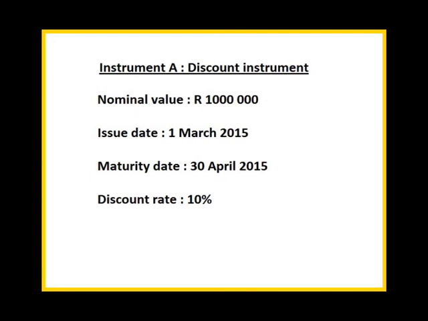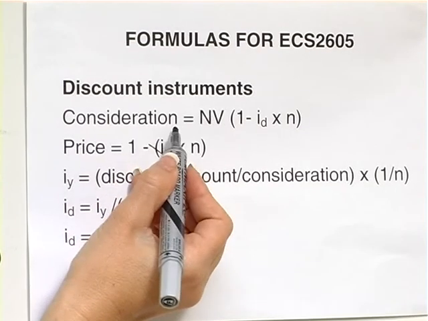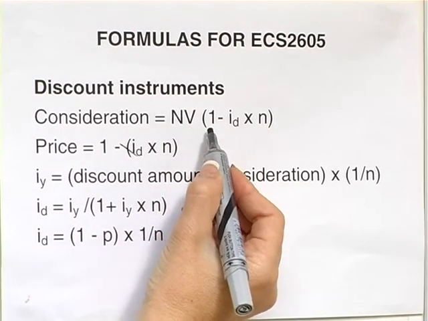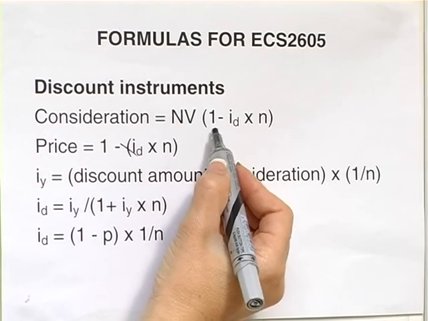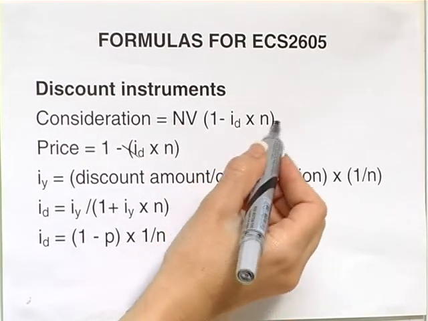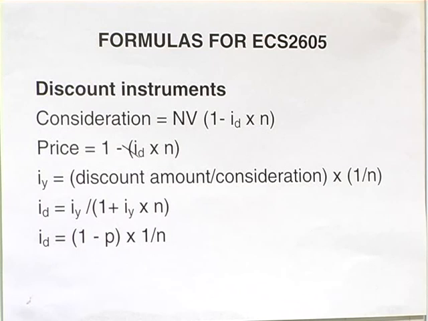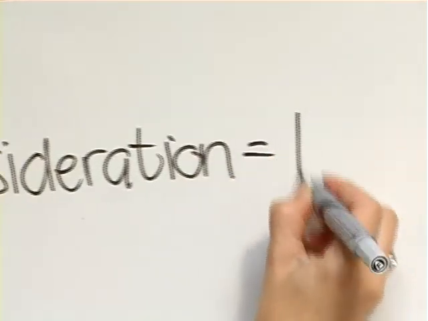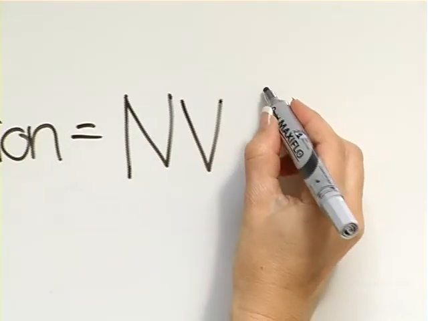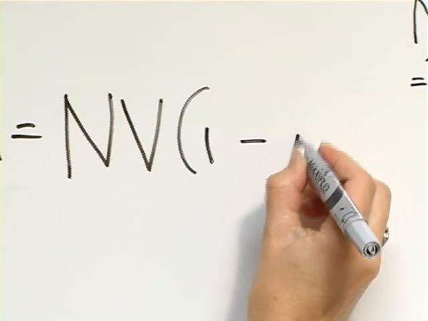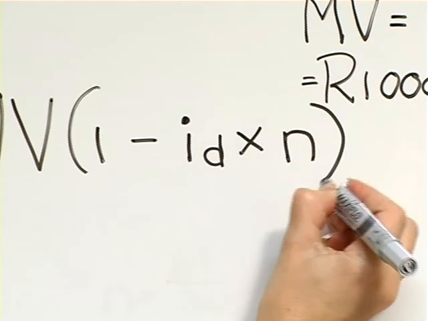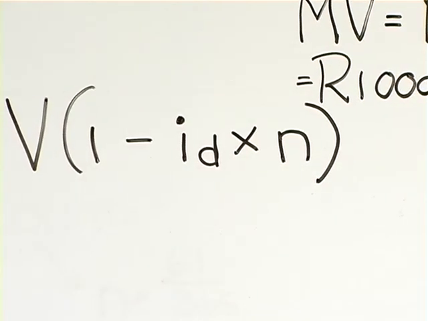The formula that we are going to use is: consideration is equal to nominal value times, in brackets, 1 minus the discount rate times N. The nominal value is found on the instrument.